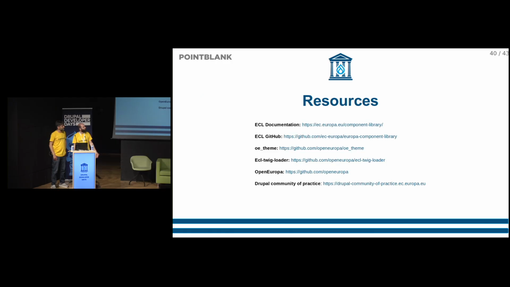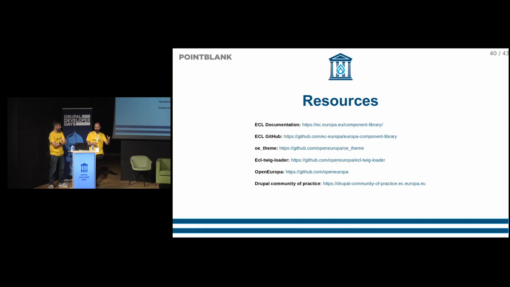But some advanced things you can do on the sub-theme, if you want to get ahead of the OpenEuropa theme upgrade path, for example, that it does not always use the latest ECL version. There are different paths.